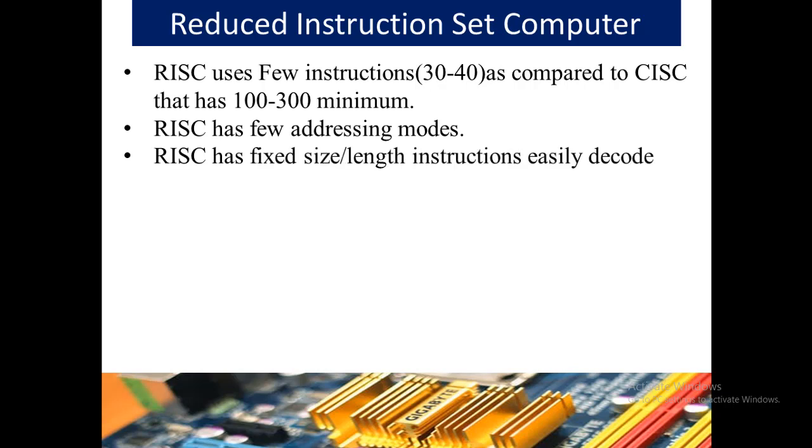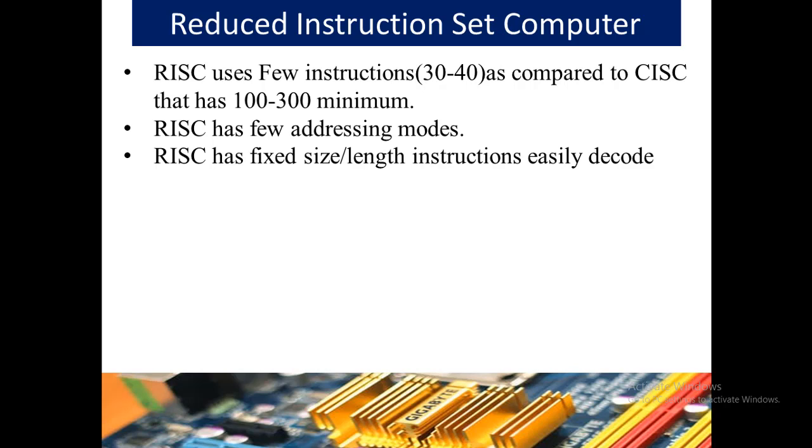RISC has fixed size, or you can say fixed length, instructions that are easy to decode. If you remember, in CISC there were variable length instructions that were very difficult for the addressing modes to calculate operands.